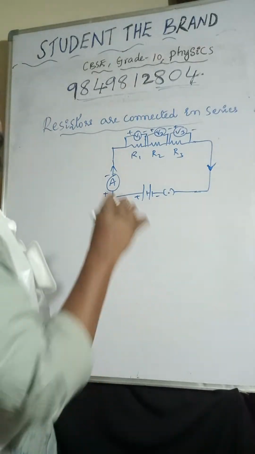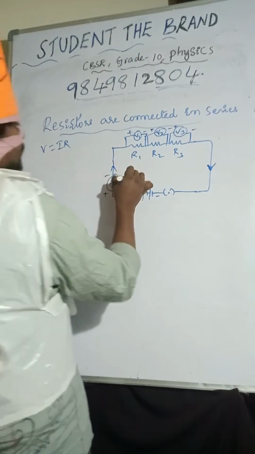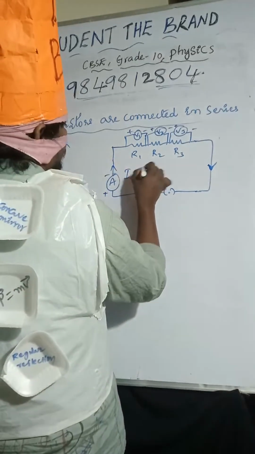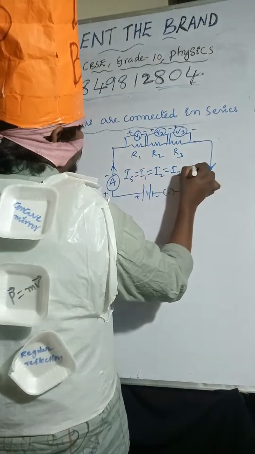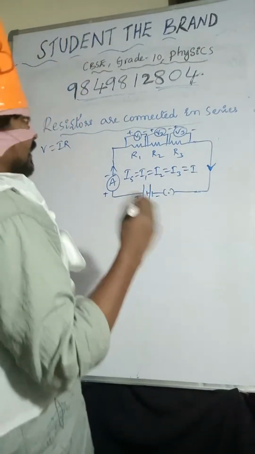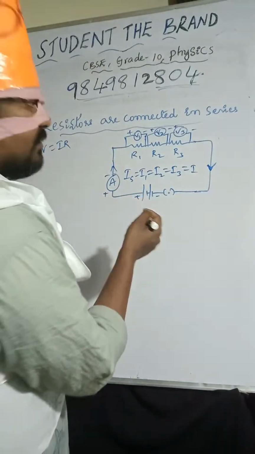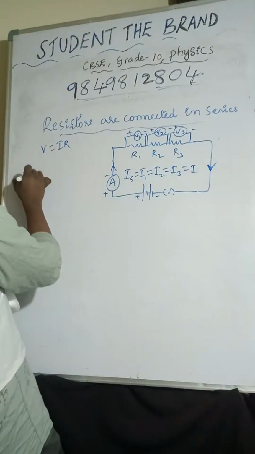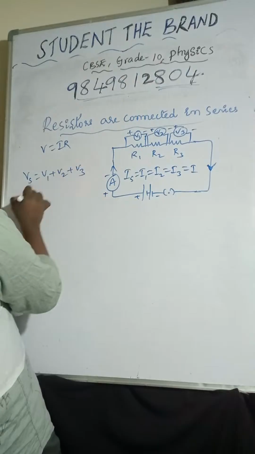From Ohm's law, V equal to IR. In this, the current is the same: Is equal to I1 equal to I2 equal to I3 equal to I, because the same current is flowing, but the potential difference is different. That's why we take Vs equal to V1 plus V2 plus V3.